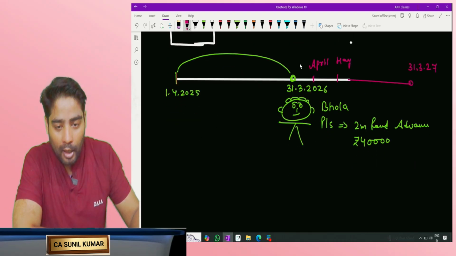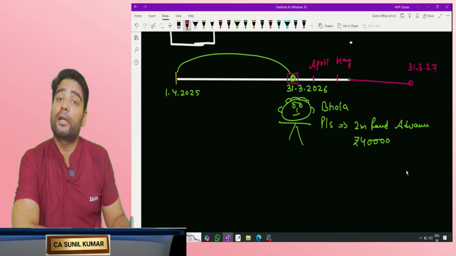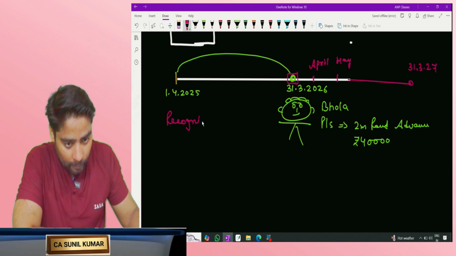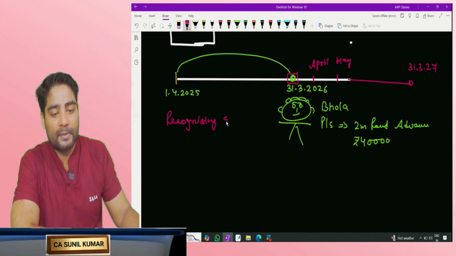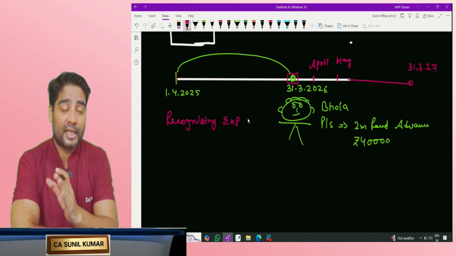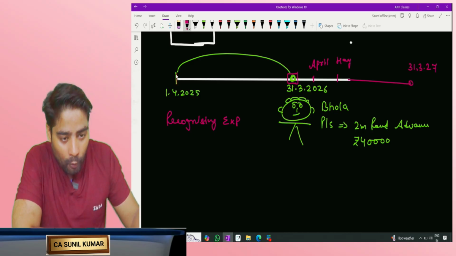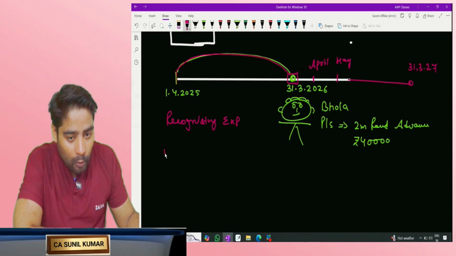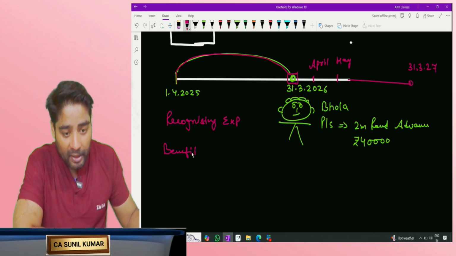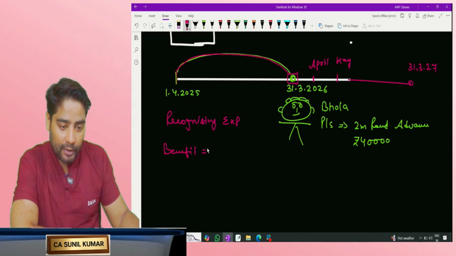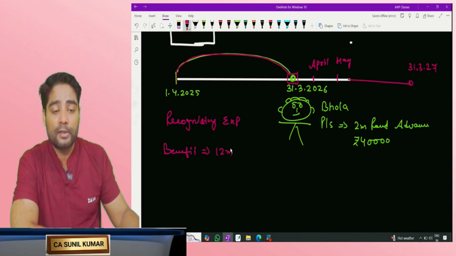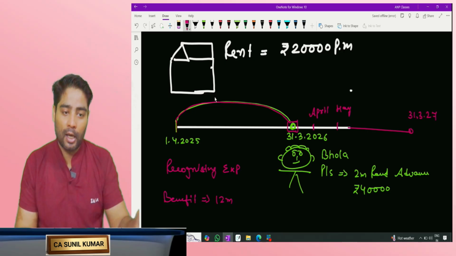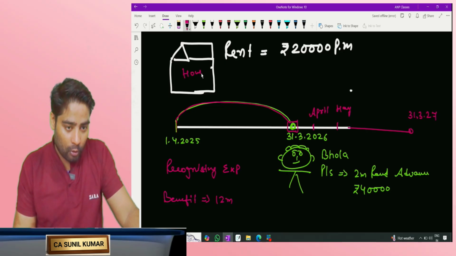Now I'm standing on 31st March 2026, and now I'm recognizing my expenses. Now let us match my expenses with my benefits. For the year 25 and 26, how much benefit I have taken? Sir, I have taken benefit of 12 months for that room, because I only stayed in this house for 12 months.